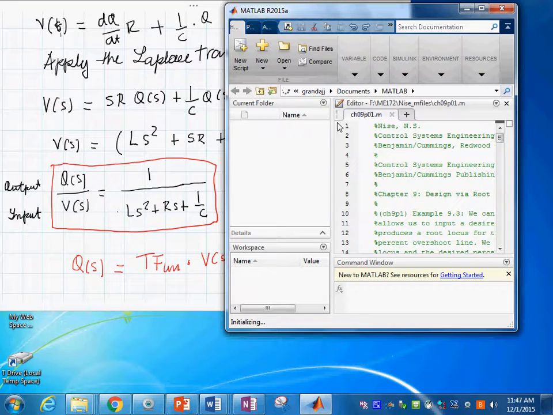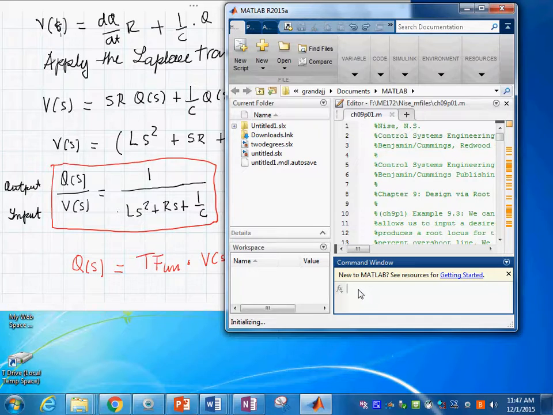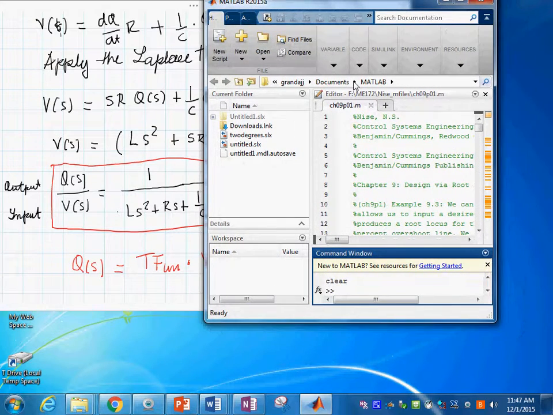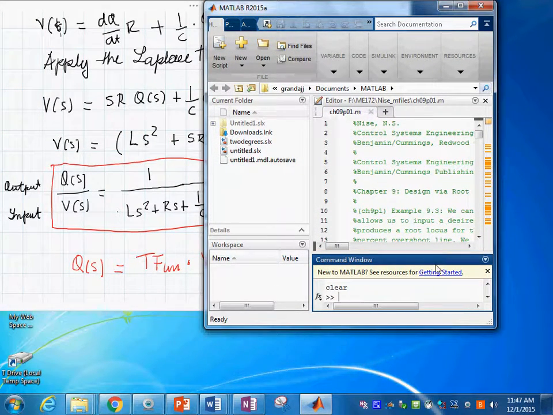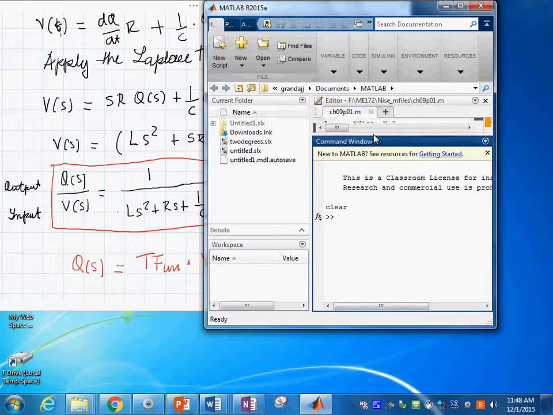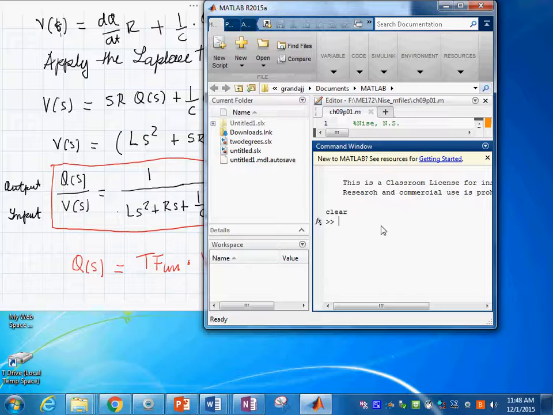There we go, we have MATLAB on. I'm going to clear everything in here. I'm going to say the numerator of this thing is just 1.